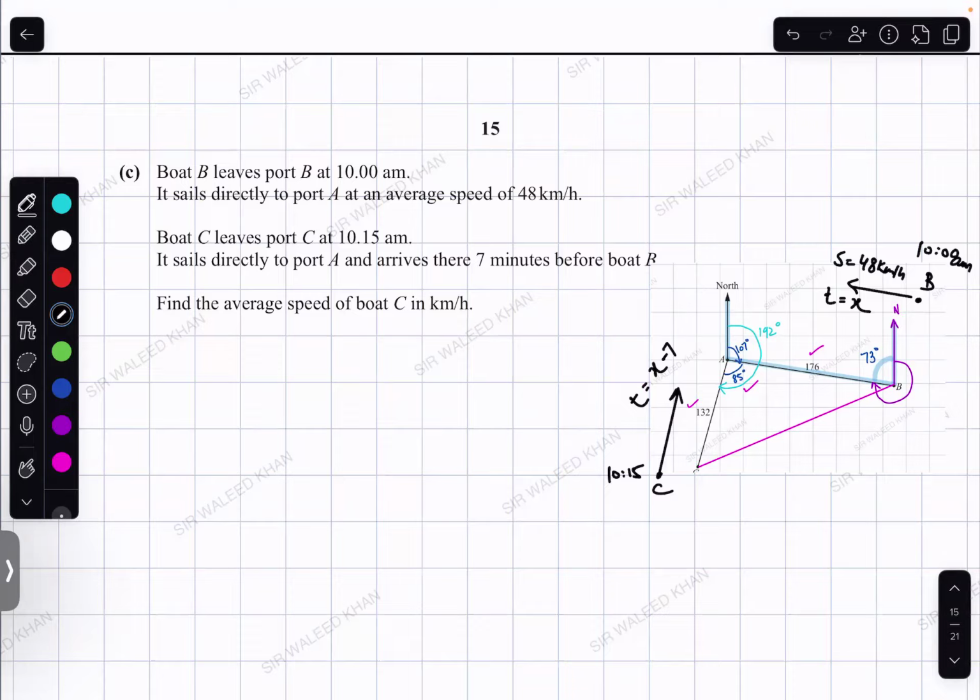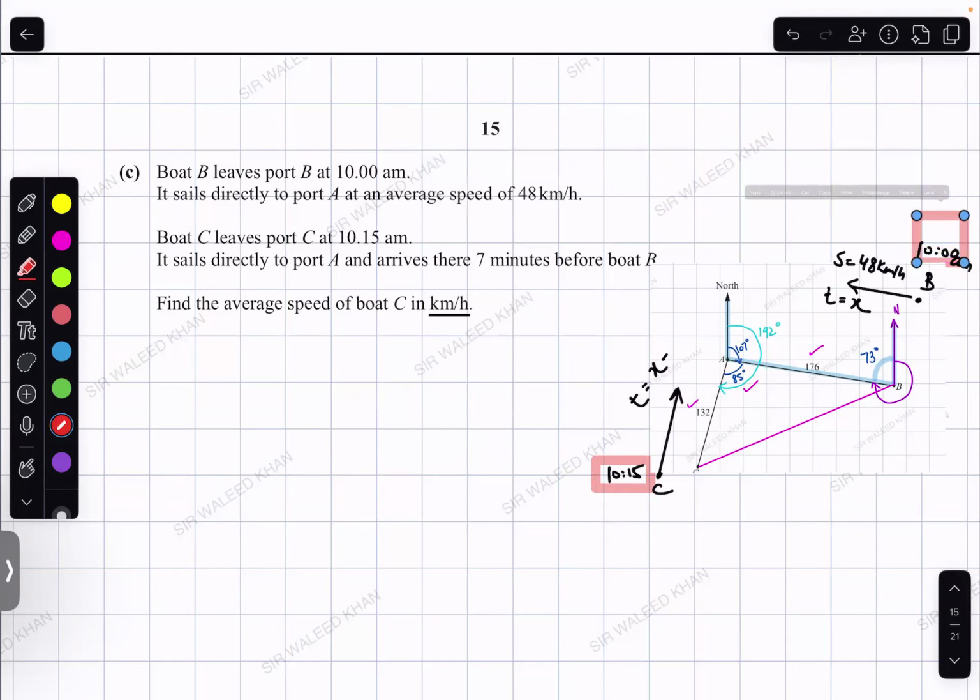But the issue is we have to answer in kilometer per hour, right? So this is a very common mistake. It shouldn't be 7. And also we have to keep in mind this time difference. It is leaving at 10:15. This one was leaving at 10.